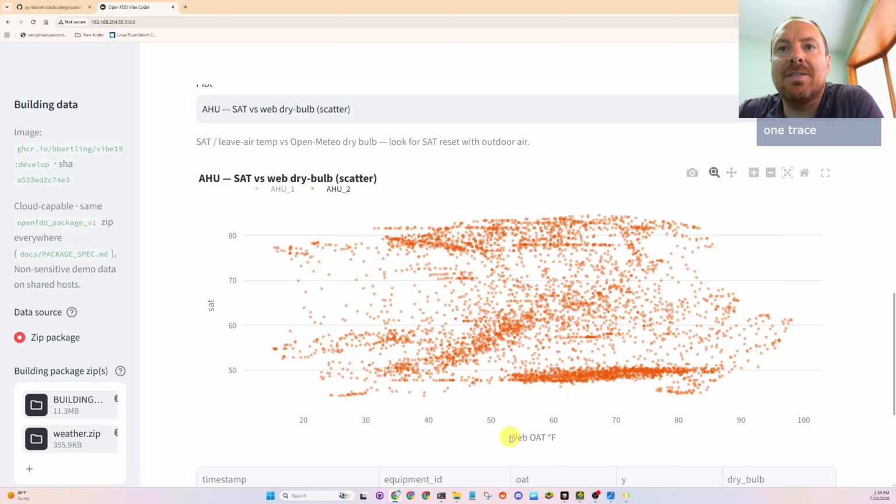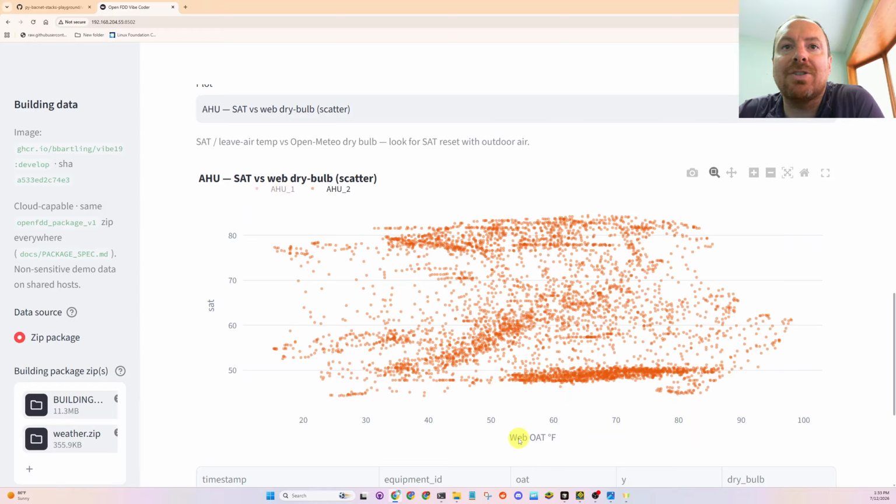This is data as a scatter plot showing the outside air temperature for this entire weather data set on this axis, and then the supply air temperature from the air handling unit on this axis, and then we can see if there's a trend. This is all over the map.